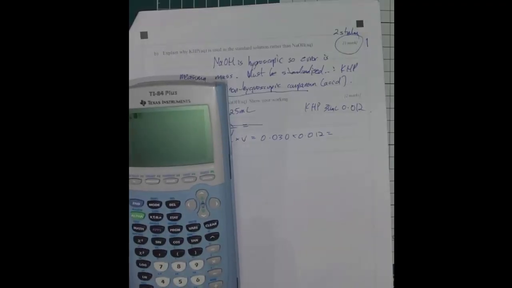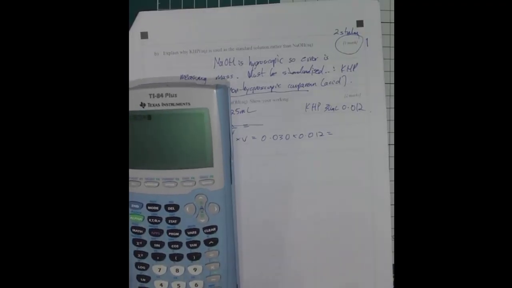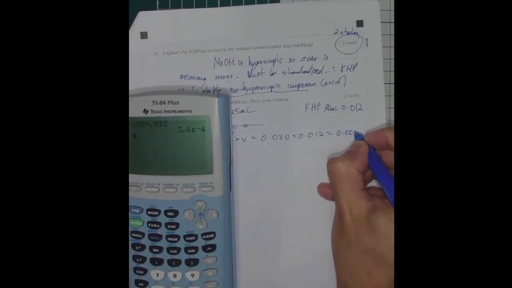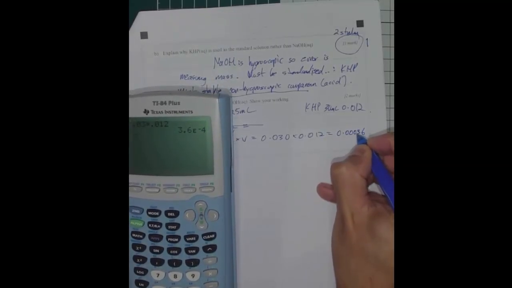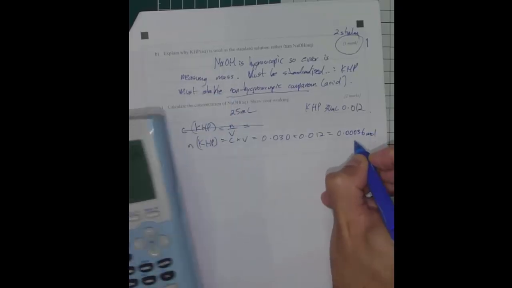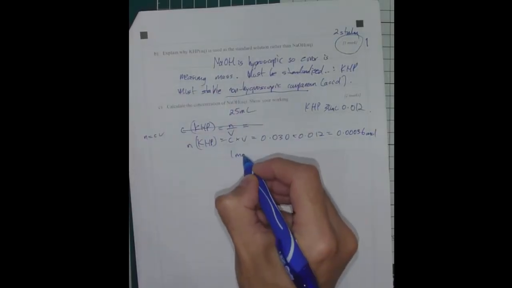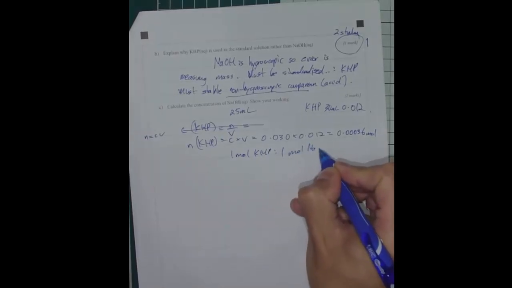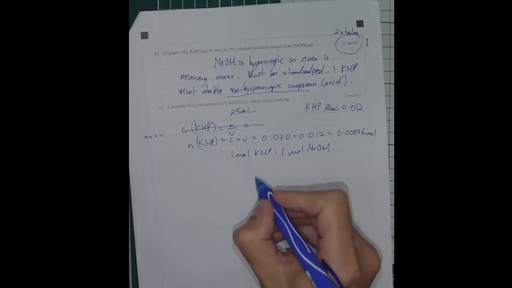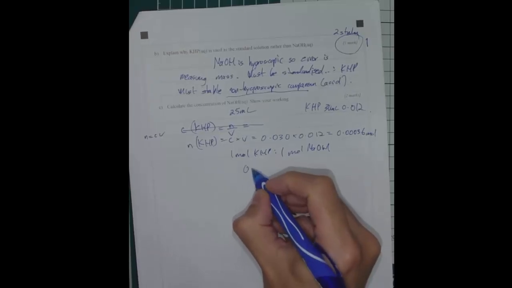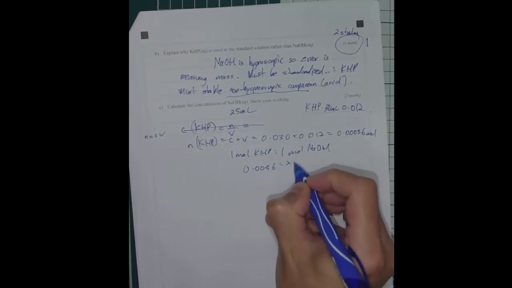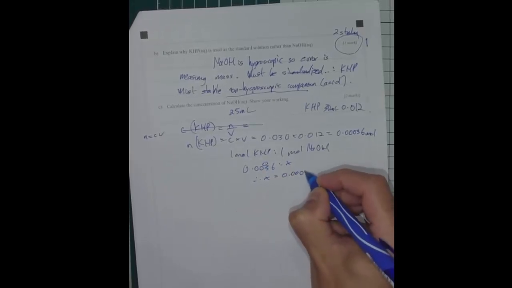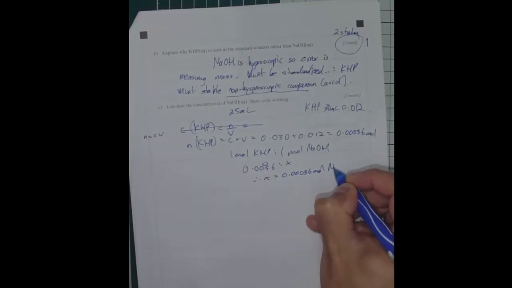What is that? 0.03 times 0.012, 0.00036, 1, 2, 3, 4 moles. 1 mole KHP is to 1 mole NaOH. So 0.0036 is to X, therefore X equals 0.0036. Always do that. 0.0036 moles NaOH.